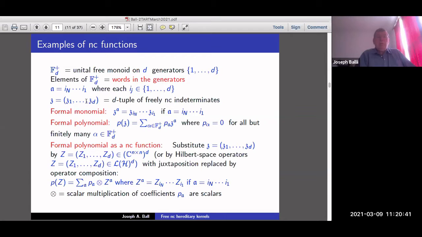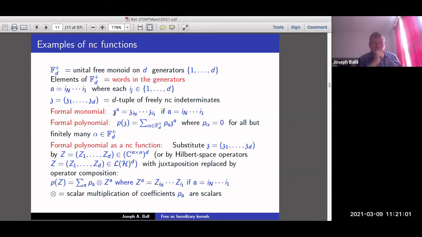Then to have functions, we'll first start with a D-tuple of freely non-commutative indeterminates, which are the little z's. Then a formal free monomial: the power is a word.